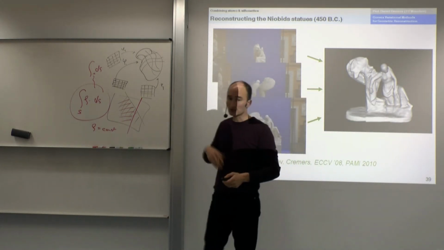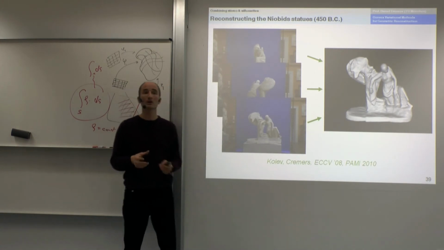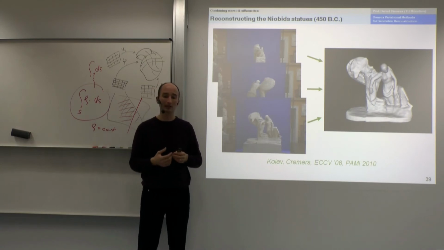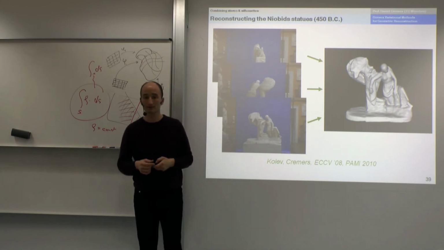And we saw that one of the first methods to allow the creation of holes was the level set method. But the level set approaches are typically not convex, whereas this is based on a convex cost function.